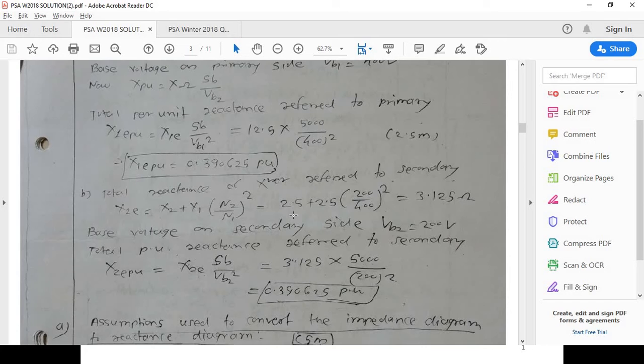If they are the same, that means you have solved the numerical correctly. Thus in per unit form, the reactance on the primary and secondary side of the transformer remains the same. But as per the question, they had asked about the calculation of the per unit reactance on the primary and secondary side, and in per unit we had calculated.